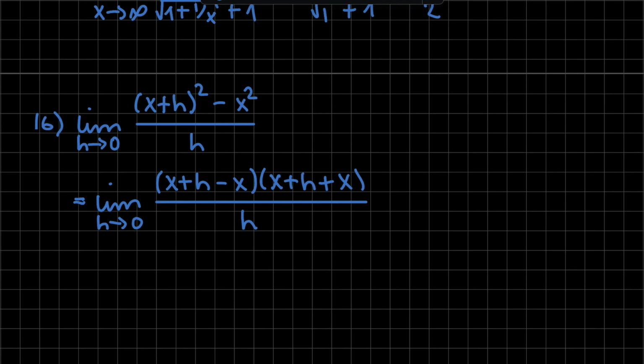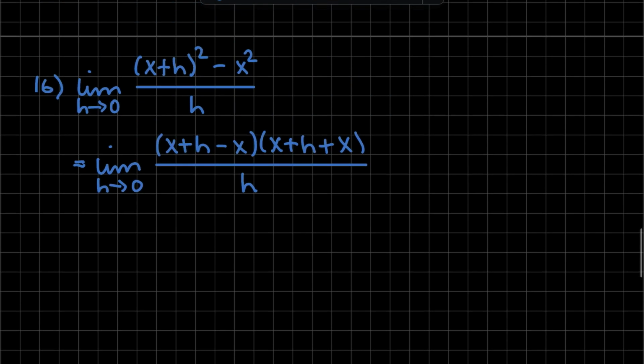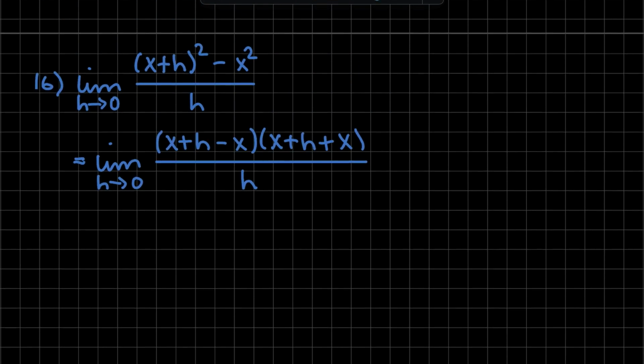So this is just applying the difference of two squares formula. If you're not convinced, you could try expanding this and you'll find this result back. So we know they're equal, and now we see x's canceling out. So let's rewrite this as the limit as h tends to 0.